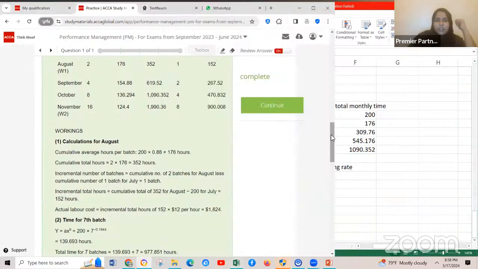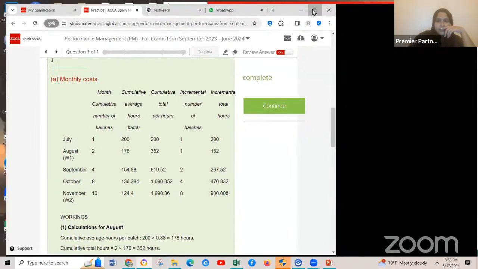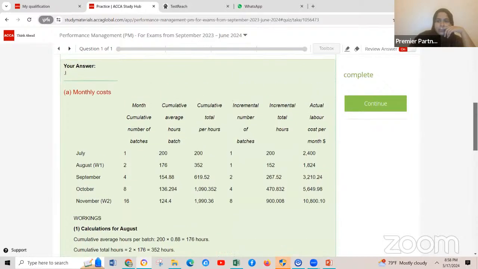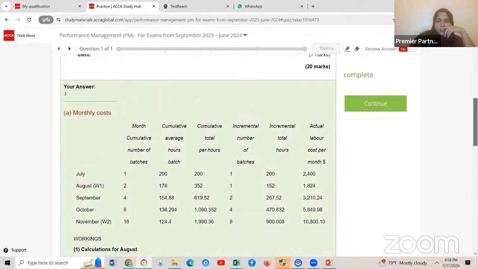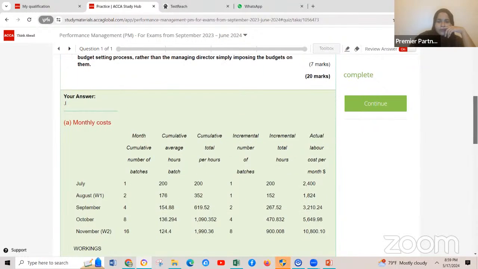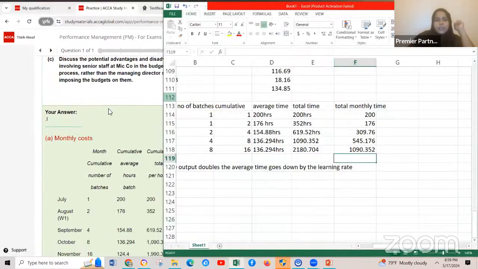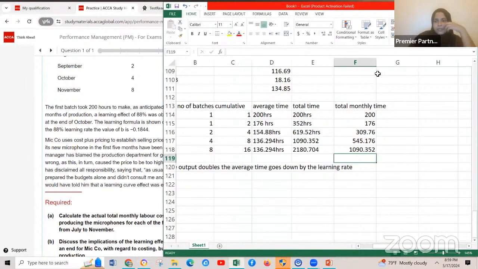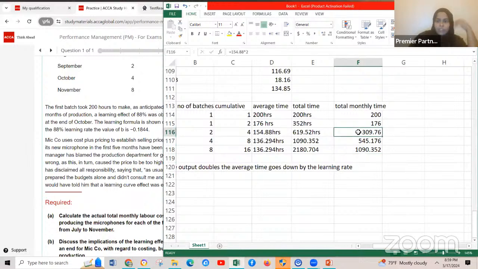They're asking only for August, no, right? They're asking the labor cost per month, right? They're not asking only for August. Okay, actually, what we can do is, without doing this, we can simply do this. This minus this.